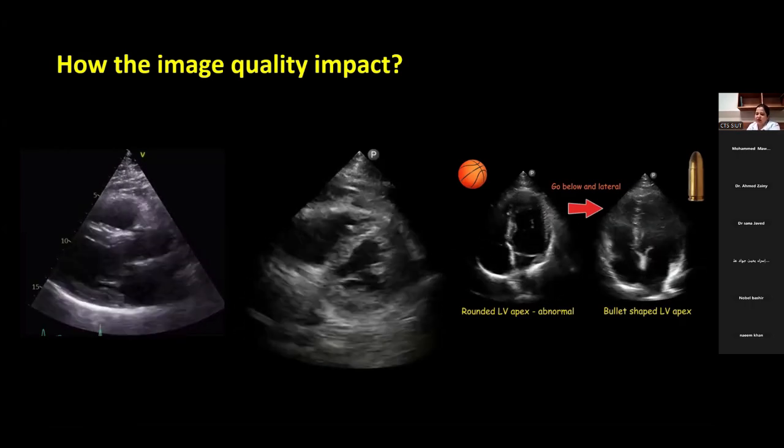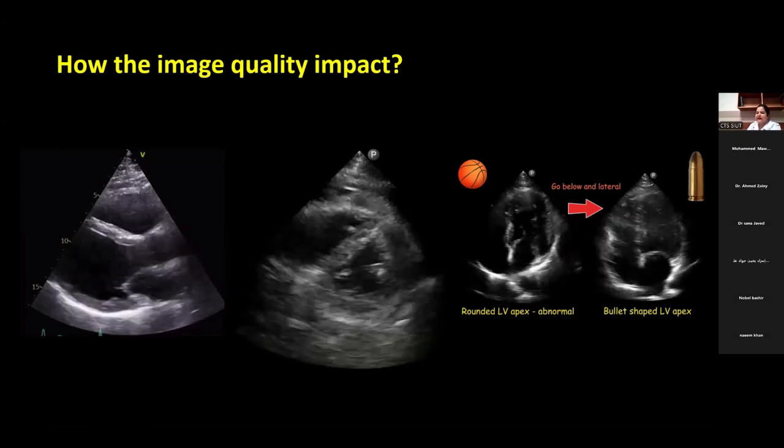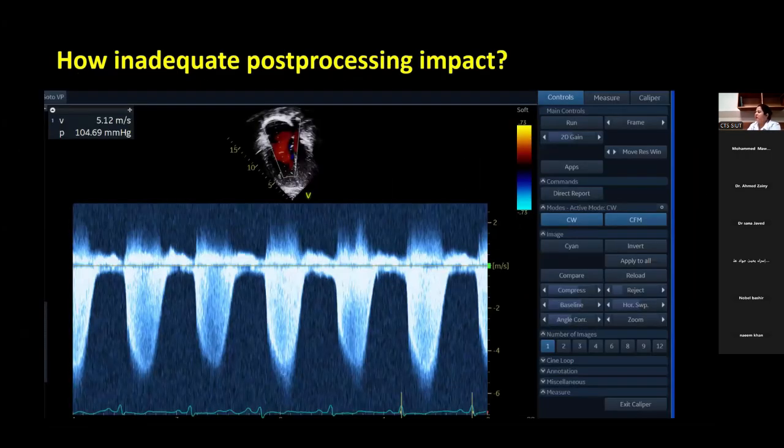The other thing that is very important here: we usually take the Doppler, and we do not invest time in making inferences or in processing. Here you can see the Doppler image, and there are a few parameters, like reject, where you can make the Doppler more clear, crisp and accurate.